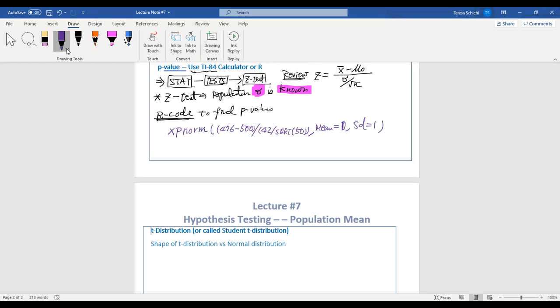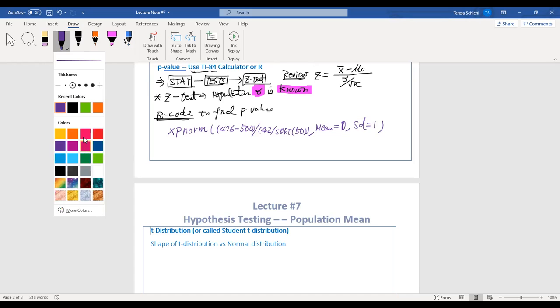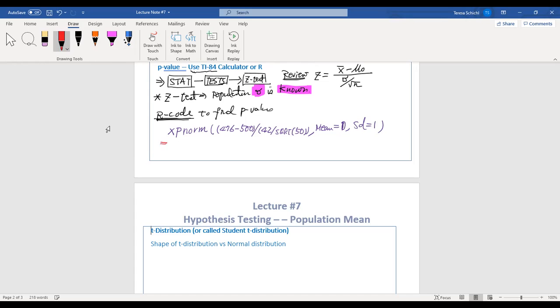One thing we need to be very careful about here. This gives you the tail value, which will be the p-value if it's a one-sided test. If you have a two-sided test, then your p-value is 2 times the tail value.